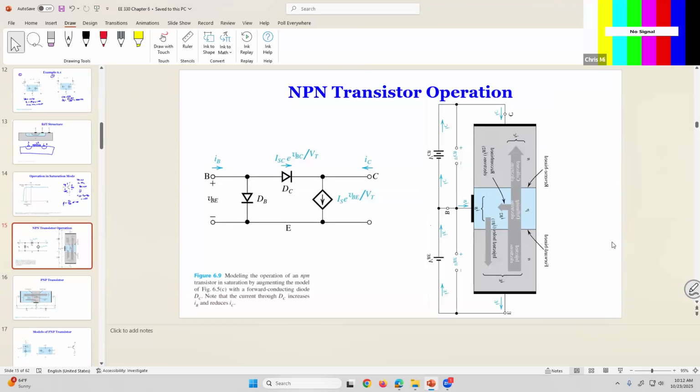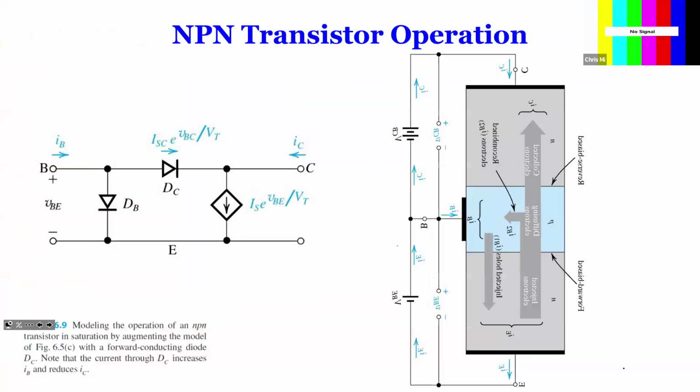But this is better because when you have B coming in, you see this diode going down here. You guys have the correct picture in your book. So you come in from base to emitter, there's one diode, and from base to collector there's a diode.